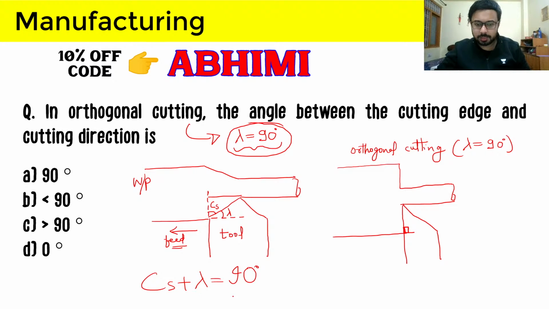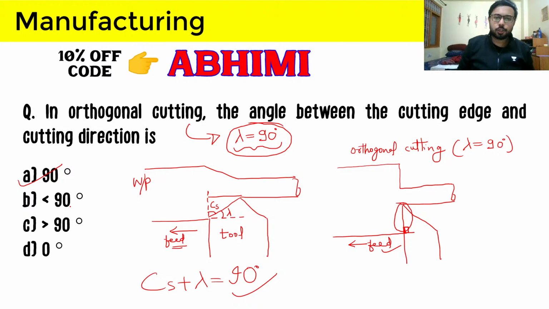If one is 90 then the other will be 0 to satisfy this equation. So here we can say the feed, which is the direction of cutting, and the cutting edge, which is in contact with the workpiece, have 90 degrees between them for orthogonal cutting.